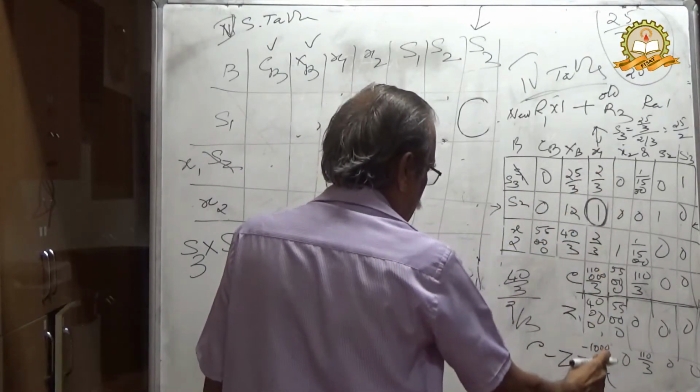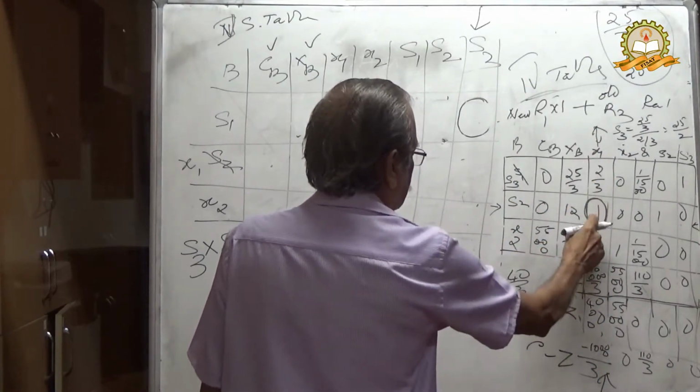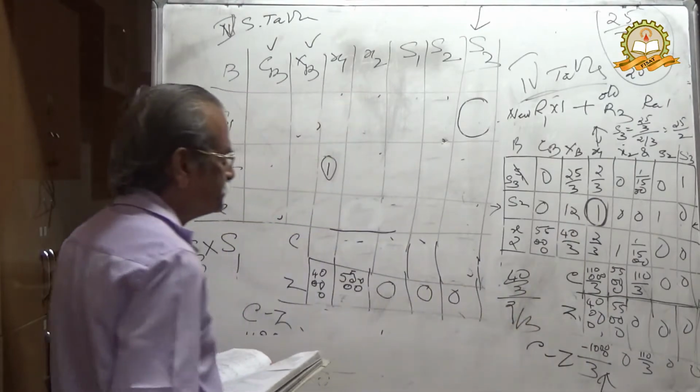S2 and column x1 intersect at the point 1.